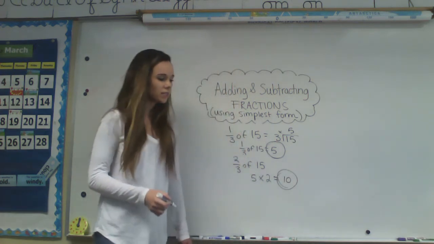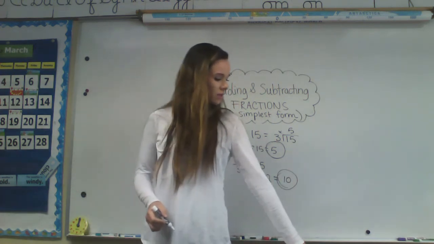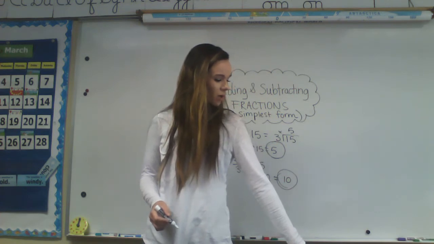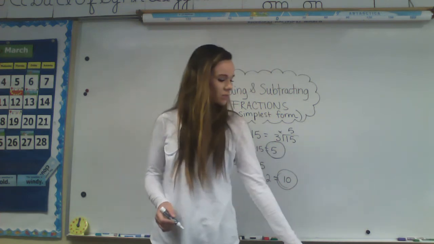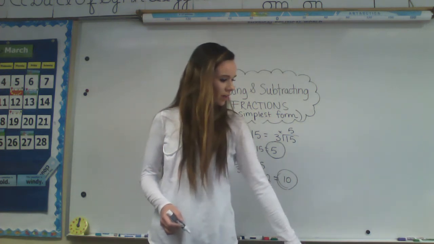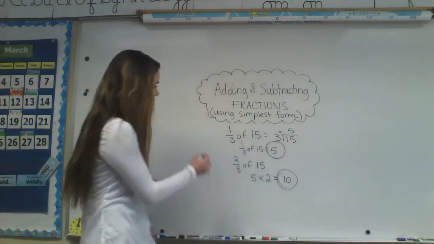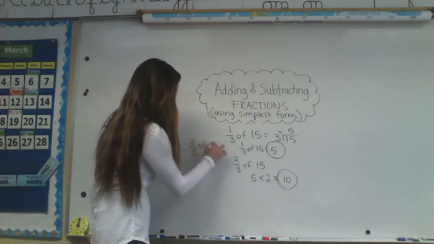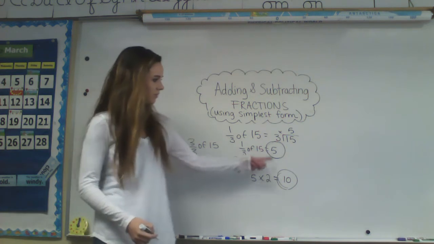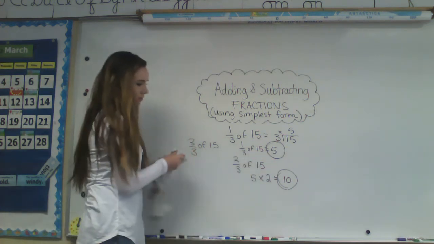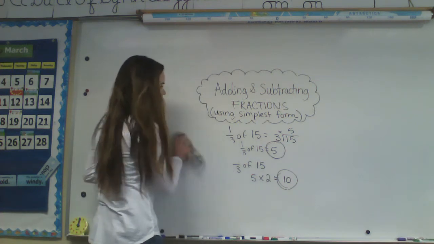And the way that you can check that is by counting: it's divided into 3 rows, how many cats was in one row? 5. How many cats was in 2 rows? 10. So if we wanted to find out what 3/3 of 15 was, we would know that it would be 15. We add 5 each time. So that's how you do problem A on page 116.